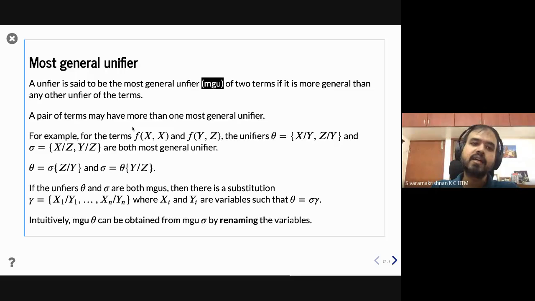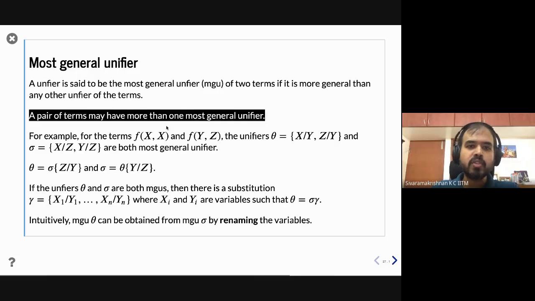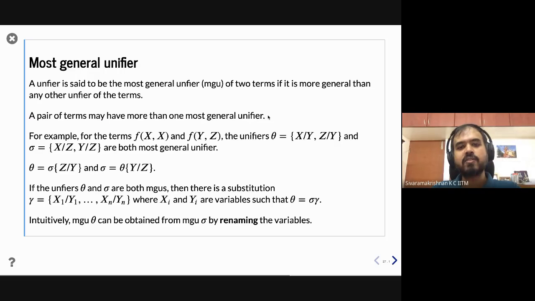So it turns out that a pair of terms may have more than one most general unifier. So this term most is sort of, I mean, it's superlative, but there can be equivalent ones there. So this is surprising. Let's look at an example.